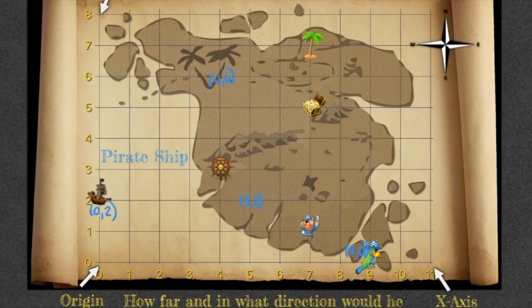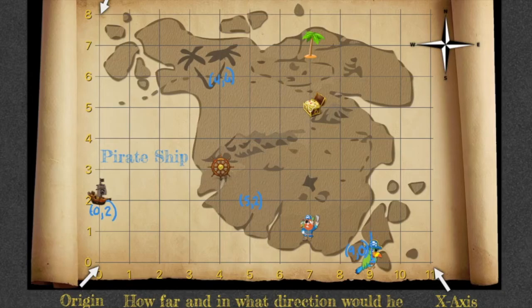So now I have to look at where he is, and he's down here at 9, 0 at the message in a bottle, and I want him to travel up here. So he's going to have to move north, and he's going to have to move west.